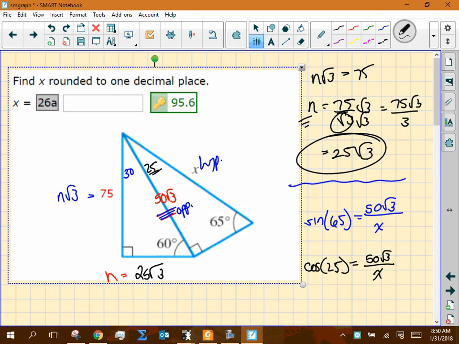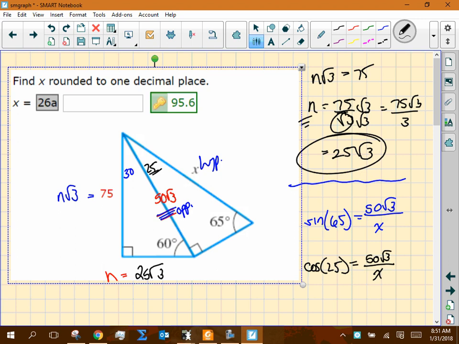Okay? What is 25 and 65? What do they add up to? 90. What kind of angles are two angles that add to 90 degrees by definition? Complementary. Okay?